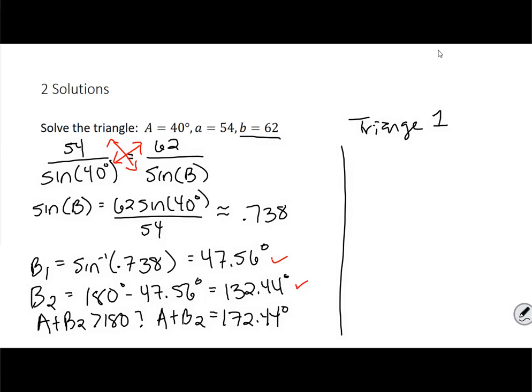So triangle 1, we want to find angle C. We are going to say angle C is 180 minus angle A, which is 40 degrees, minus angle B1, which is 47.56 degrees.